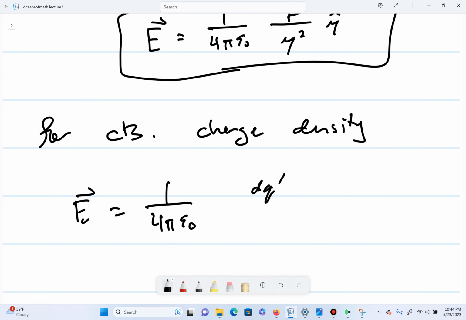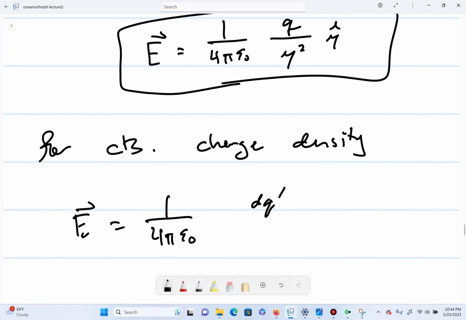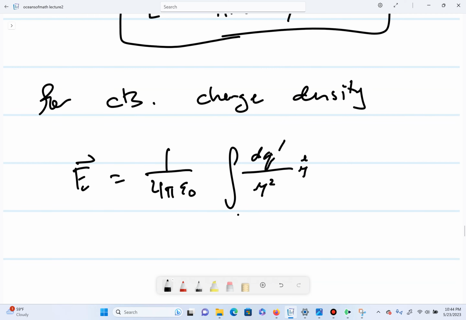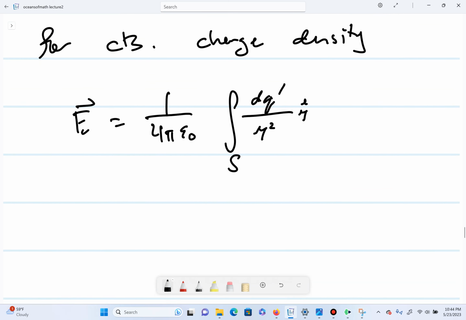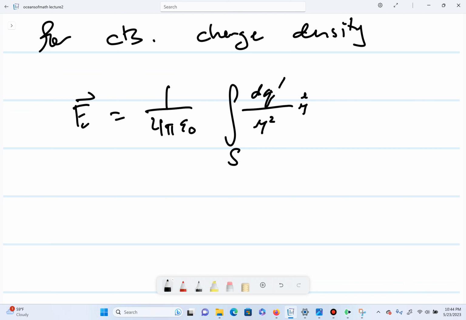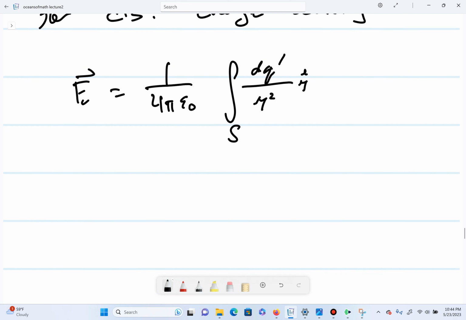Instead of the point charge q, I'm going to have dq prime, and then I'm still going to have this cursive r squared and r hat, but now I'm integrating over the entire sphere, over the entire region of charge. In particular, we're integrating over the primed coordinates.